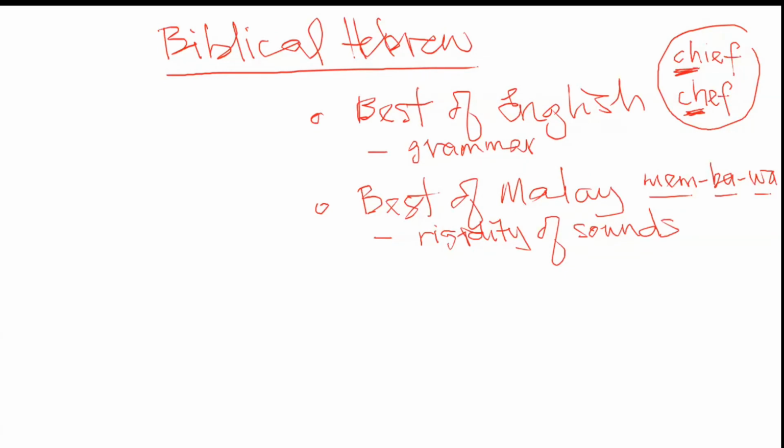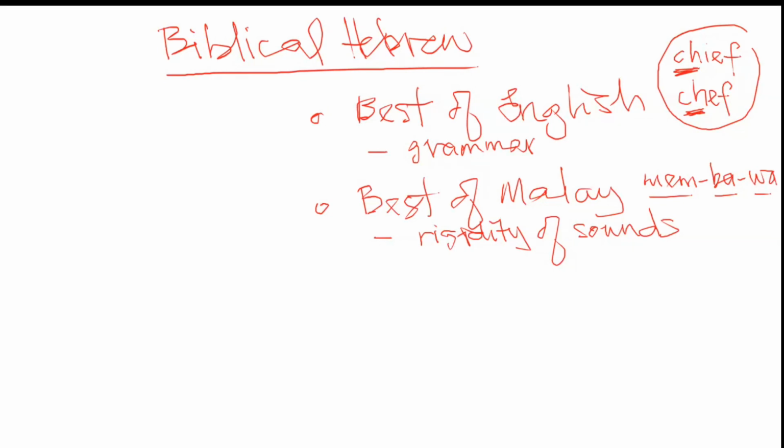So I'm giving you the academic sound. Like I said, we're not going to be Hebrew experts, so it doesn't matter. As long as we get the idea: the rigidity of sounds is what you see is what you get, and that's how you make the sound. That's the best of Malay.